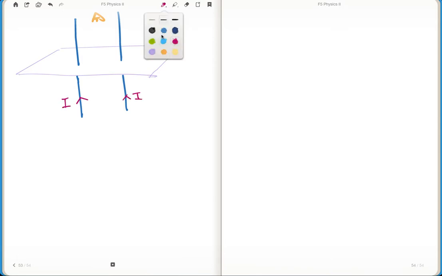You have a dot, because current going towards you is shown as a dot.